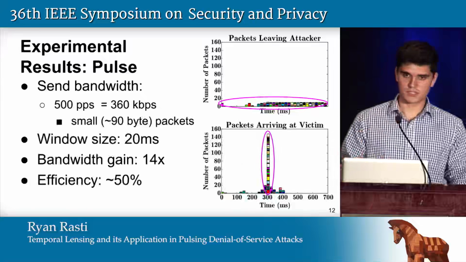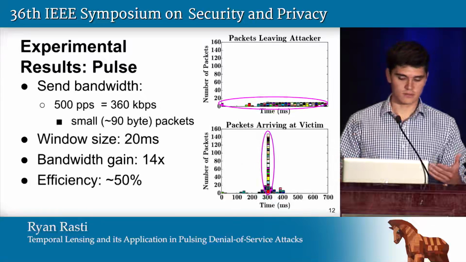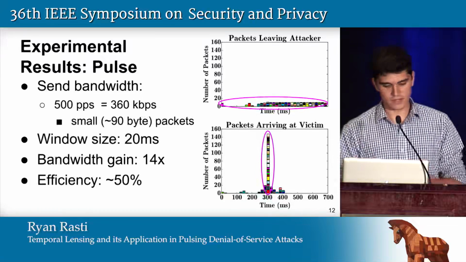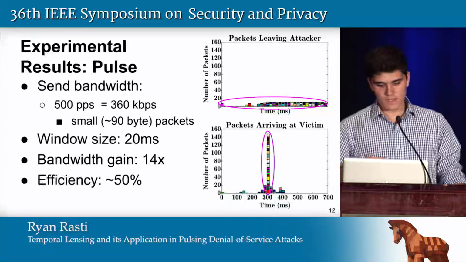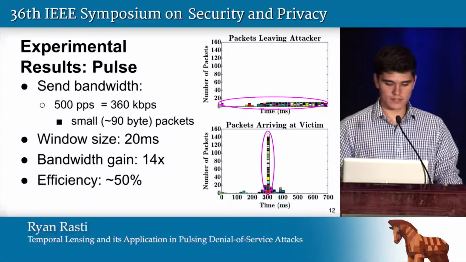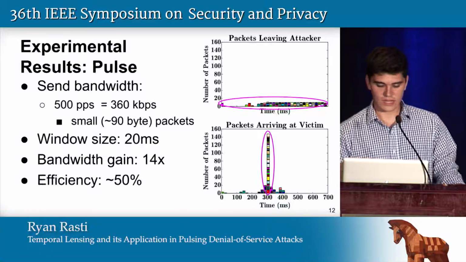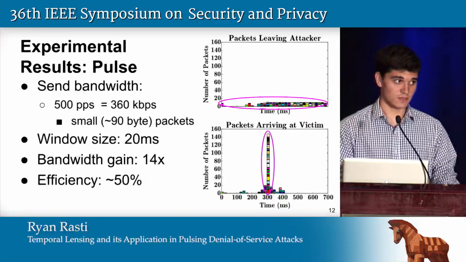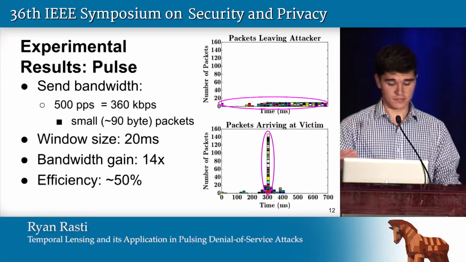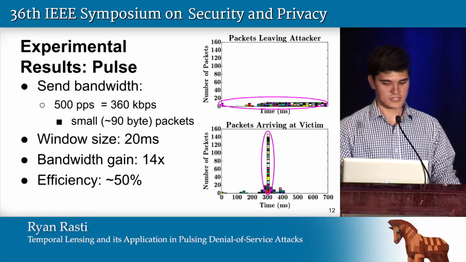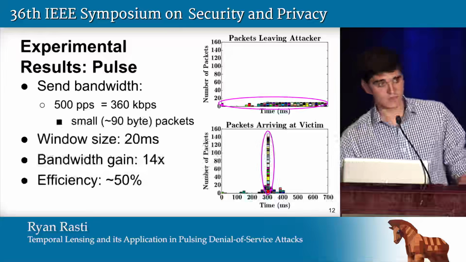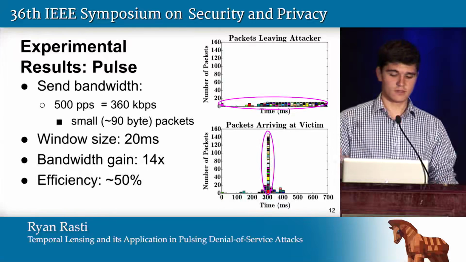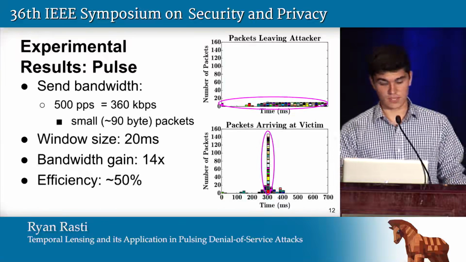You notice here that we can actually use lensing to create pulses. The quick eyeball way to calculate these metrics: the bandwidth gain can simply be calculated by taking the height of the pulse bucket and dividing that by the tallest height of the sending buckets on the top. And the efficiency is simply the area of the pulse bucket divided by the sum of the area of the attacker buckets in the top graph.